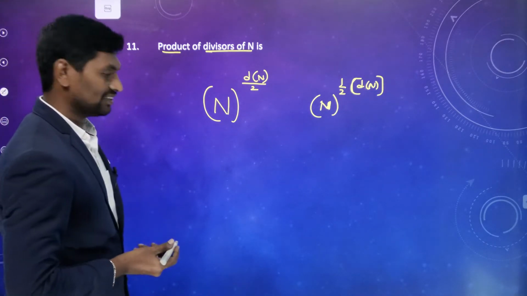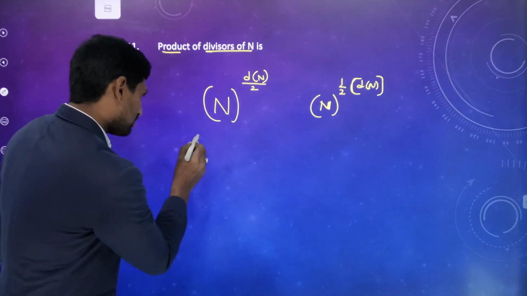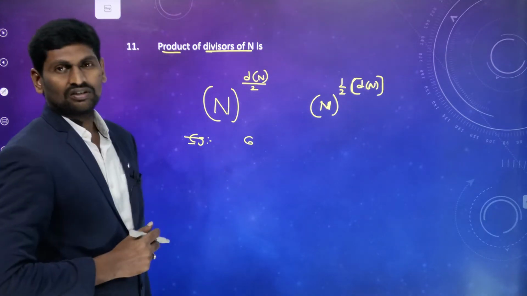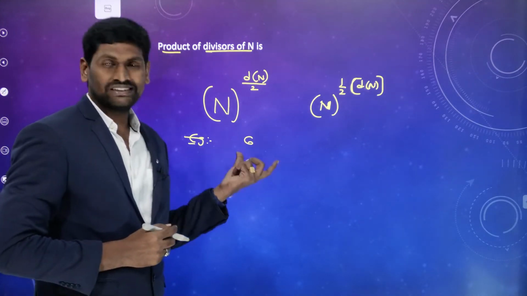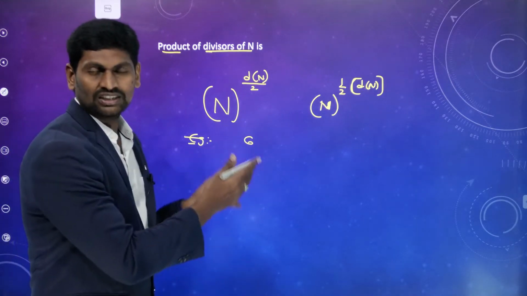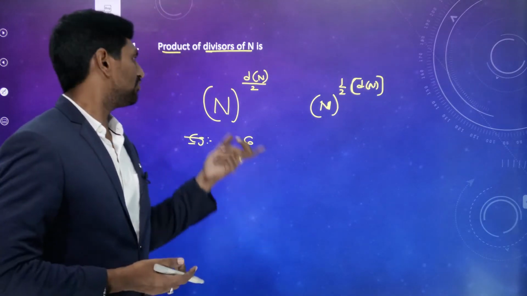Let us take the product of divisors through one example. I am taking 6. For this 6, how do we find the product of divisors? First we calculate the number of divisors, then apply the formula.